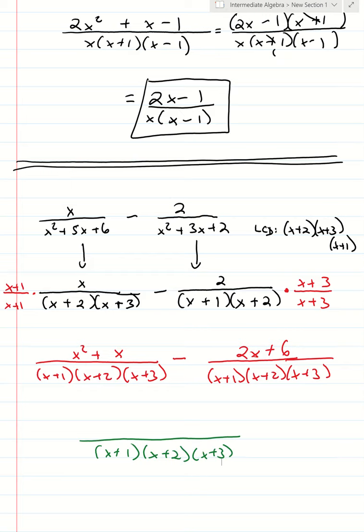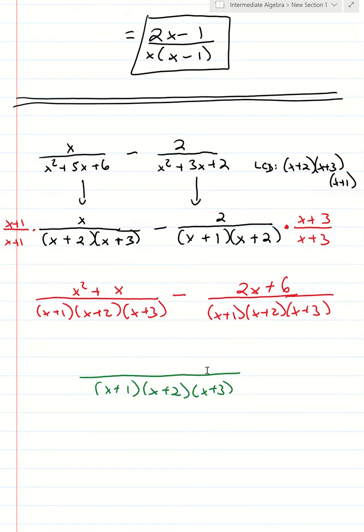And when I combine, I have the x squared. I have this positive x minus 2x. Well, x minus 2x, that of course would give us a negative x. And then I have to now subtract 6.